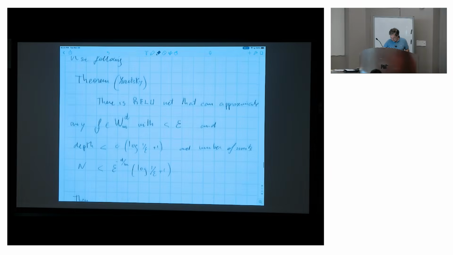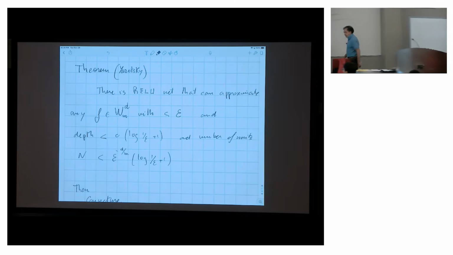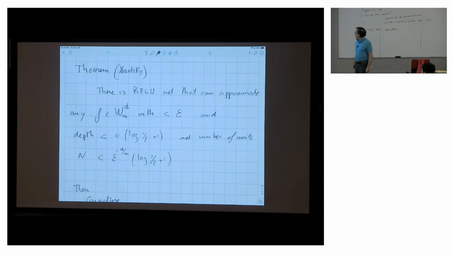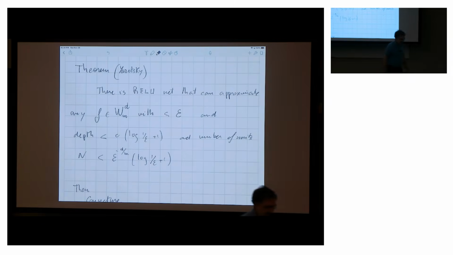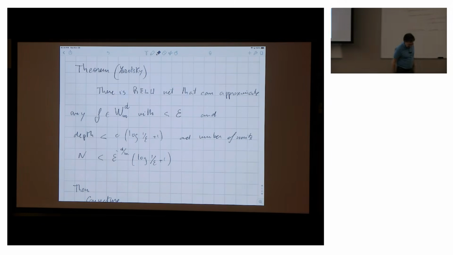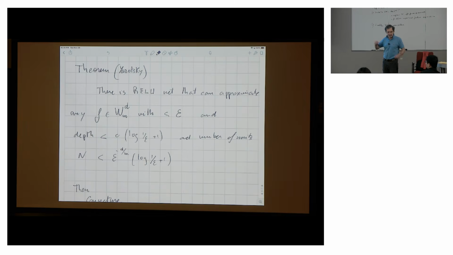I want to mention one last thing before letting you go, and this is another to-do for anybody who's interested. It is a conjecture. Very recently, mathematicians have become interested in trying to see how good ReLUs, the discontinuous ReLUs, are in approximating functions, even univariate functions.